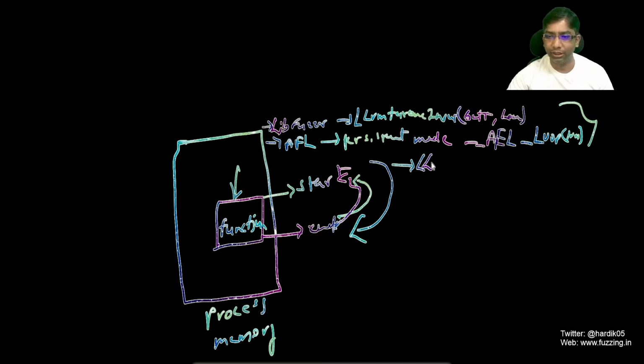It contains a function named LLVMFuzzerTestOneInput, and it is basically a libFuzzer harness. It will take a buffer and it will take the length. Now let us go ahead and see the source code of the in-memory fuzzer, what the changes are and how it differs from the fork server and shared memory based fuzzer.